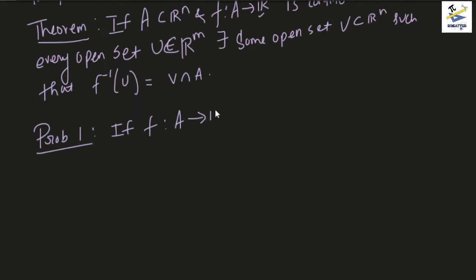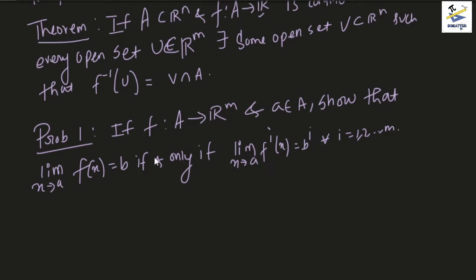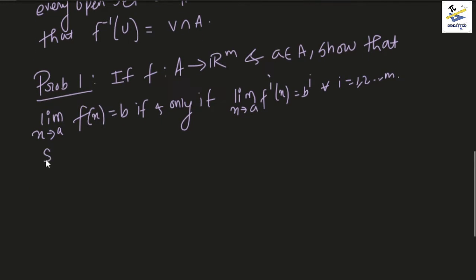If f goes from A to R to the power m and small a belongs to capital A, show that this function, a function from A to R to the power m, is continuous at a only if all the m component functions that f has are continuous at a as well.